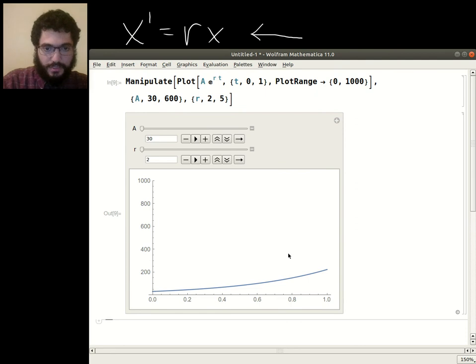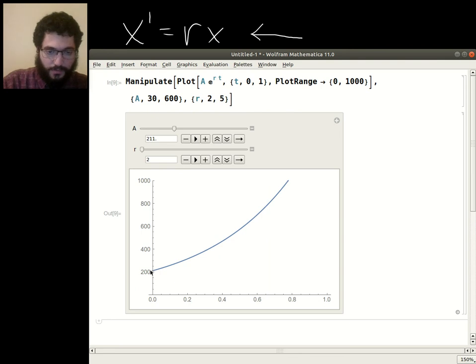So what you're seeing is the plot of 30 e to the 2t. And if I vary a, then you can see solutions to the same differential equation, namely x prime equals 2x, but they all have different initial conditions. Here's time 0, and wherever the graph intersects the vertical axis, that's the number of infections initially.